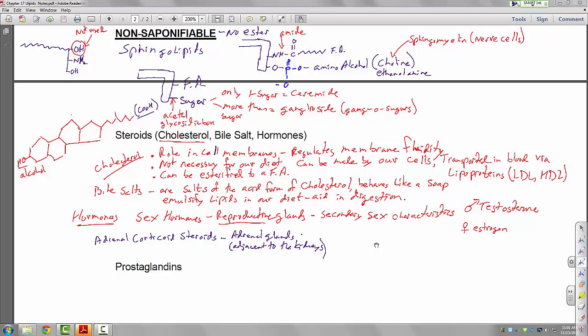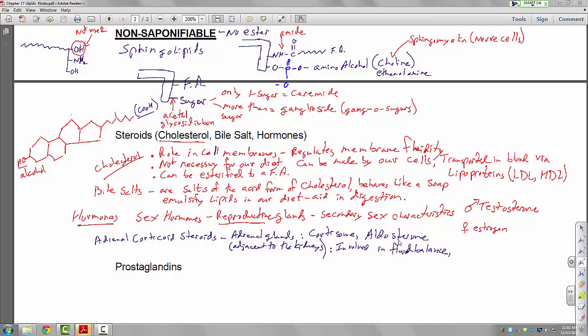So the two that we talked about were cortisone and aldosterone. As you might suspect, being adjacent to the kidneys, these are involved in fluid balance, as are your kidneys.